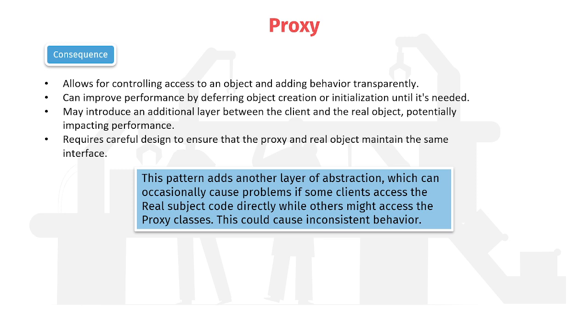And it may introduce an additional layer between the client and real object, potentially impacting performance, because it sits between the client and the real object, and it requires careful design to ensure that the proxy and real object maintain the same interface as well, because if you change something, it could go wrong. As I mentioned, this pattern adds another layer of abstraction which can occasionally cause problems if some clients access the real object code directly while others might access proxy classes.